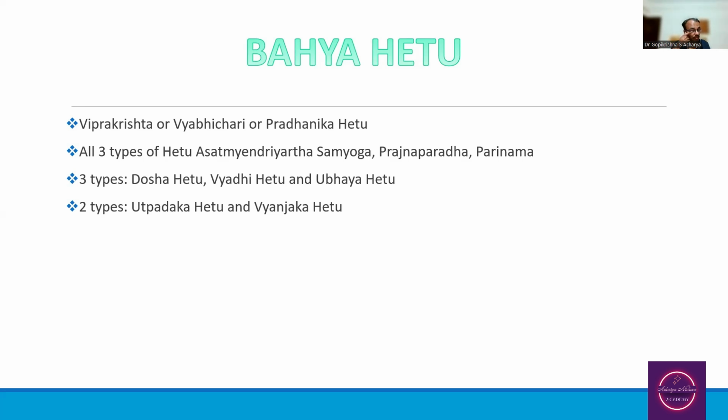Right? As well, you can even say the Sannikrishta Hetu are the Dhatu and Mala which favor the Kapha Dosha. For example, the Rasa, Mamsa, Meda, Majja, Shukra, Purisha, as well as Mutra.